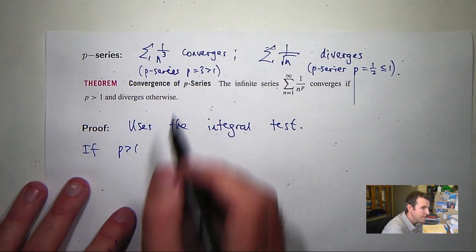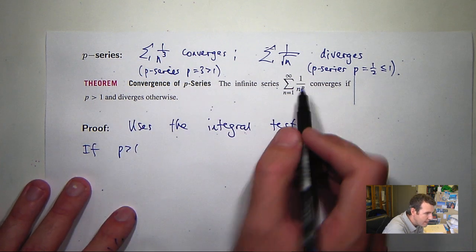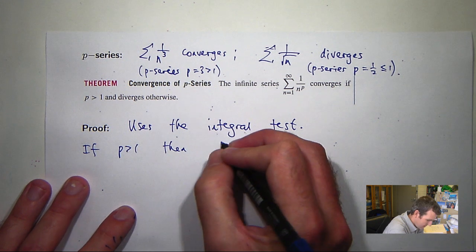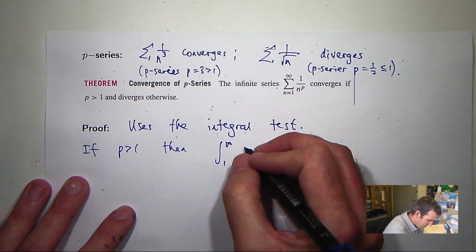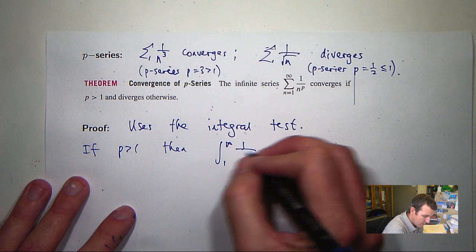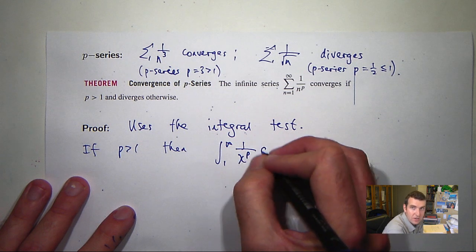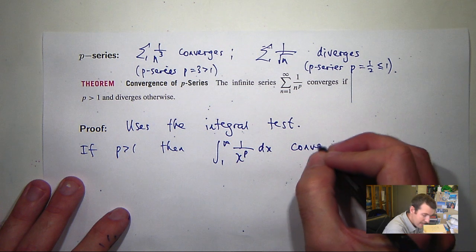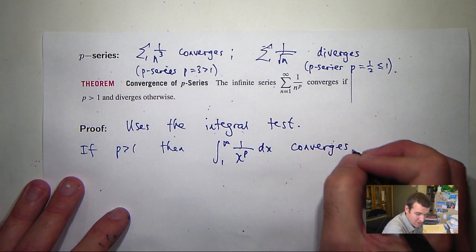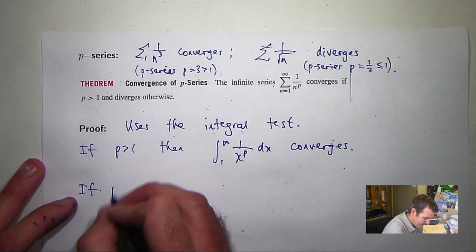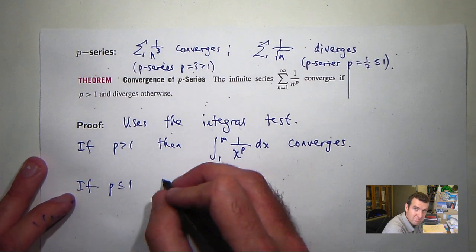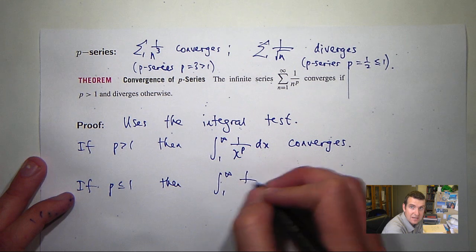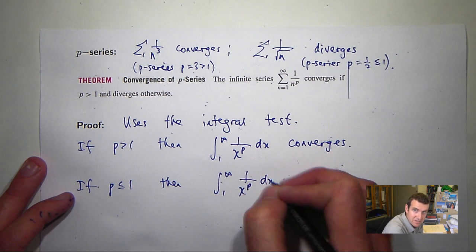If p's strictly greater than 1, then the improper integral will converge, and so by the integral test the series converges. And if p is less than or equal to 1, you can show again that the improper integral diverges, and so by the integral test the original series has got to diverge.